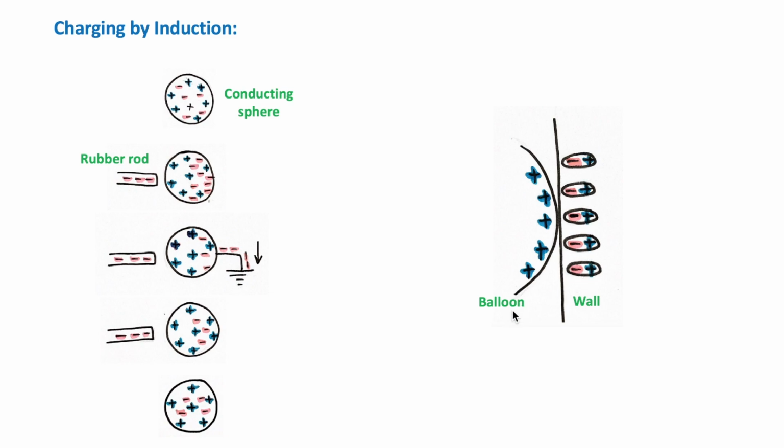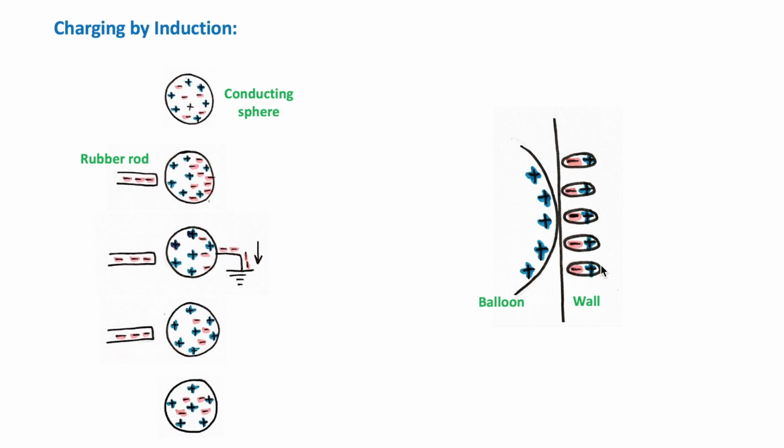So when a charged balloon is placed on a wall, the molecules will become polarized, and the negative side of the molecule is closer to the positively charged balloon than the positive side of the molecule.